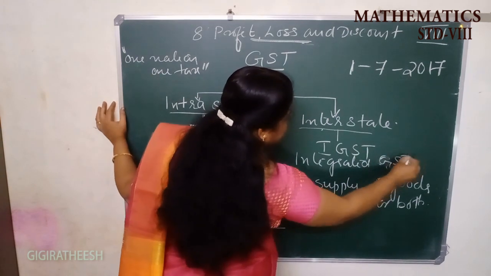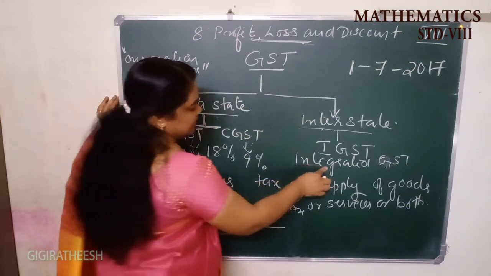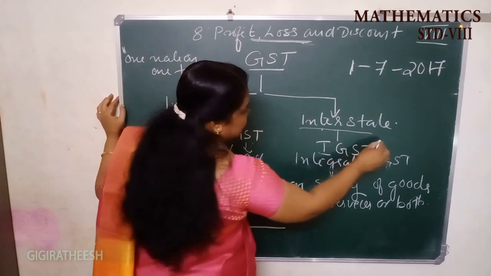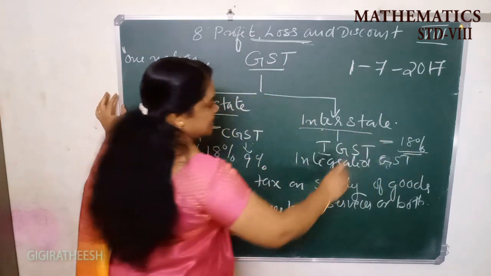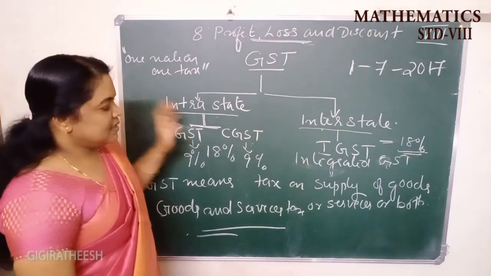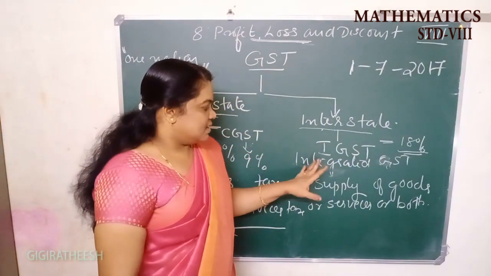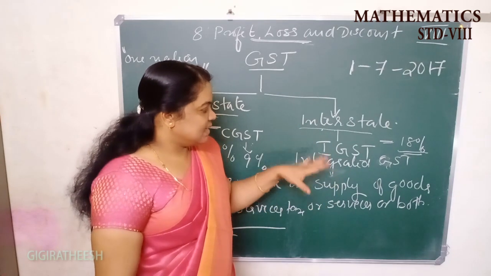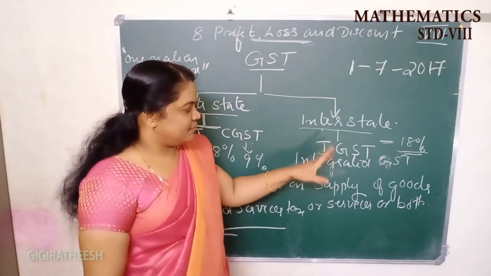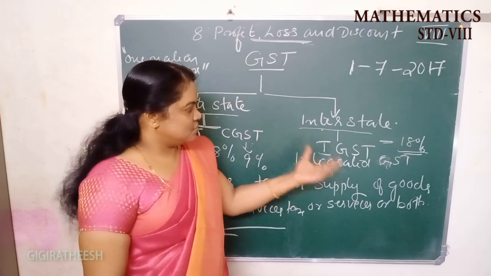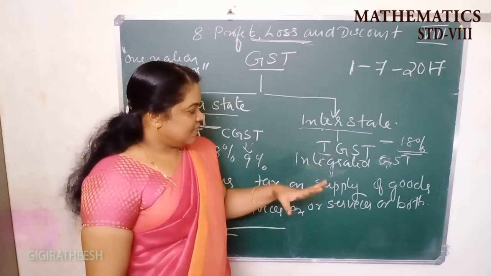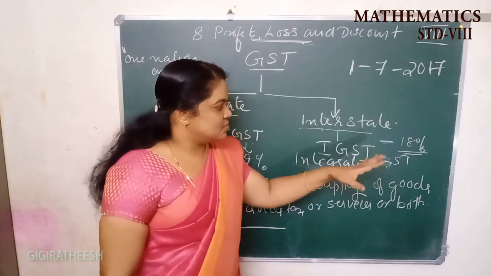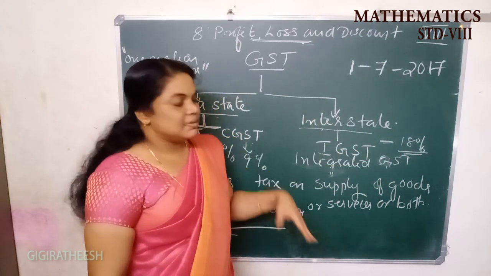If it is 18%, the whole 18% is calculated for the interstate transaction, and the seller collects the IGST from the buyer and deposits it to the central government, and the central government shares it with the state government as per the law.